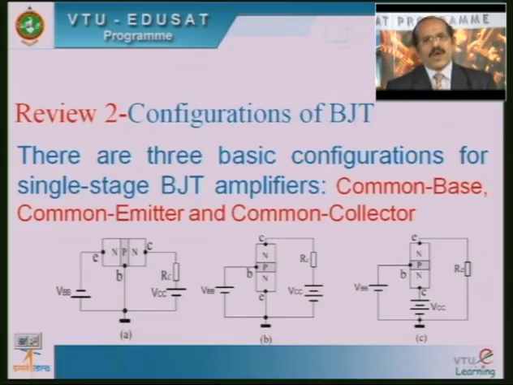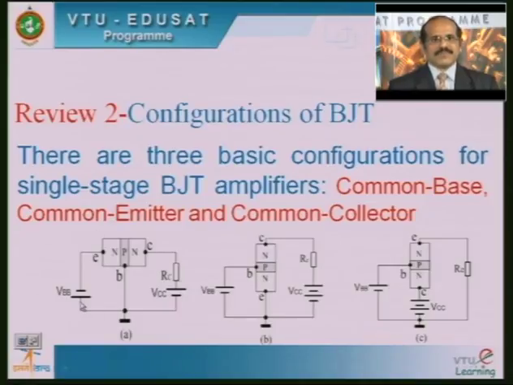So one of the terminals of the bipolar junction transistor has to be made common with reference to both input and output. That is how it results in 3 configurations: common base, common emitter and common collector configuration of BJT.